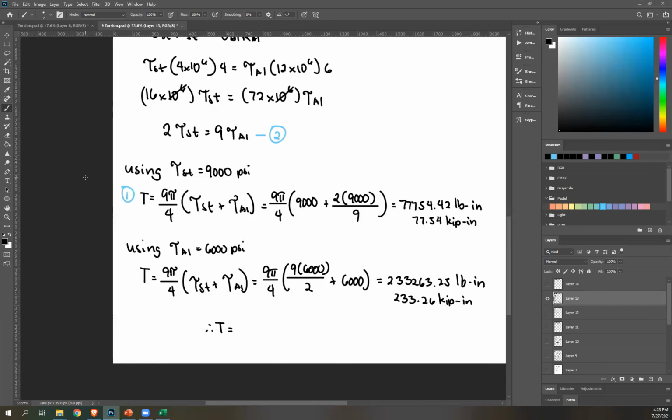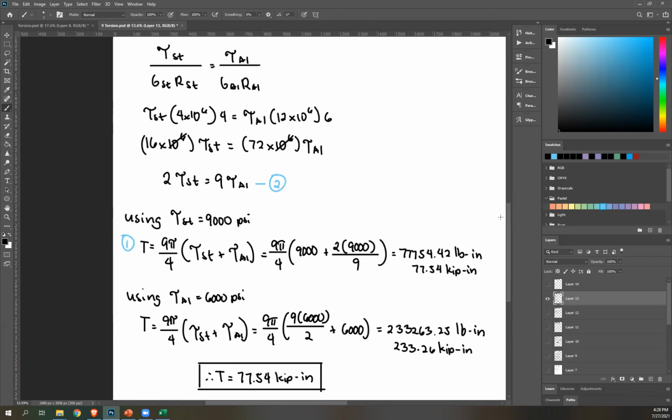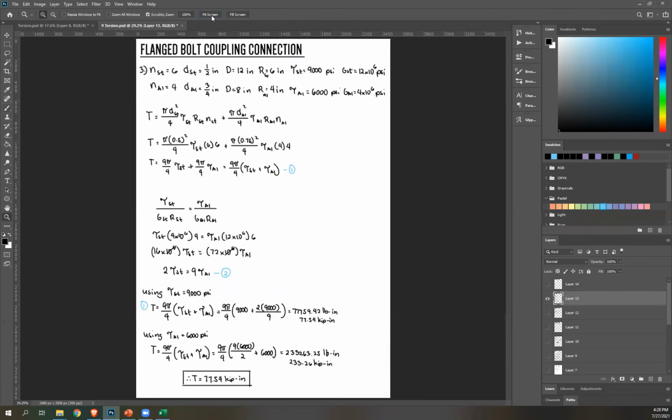Okay, the answer is 77.54 kip inch. Why? Because again, for force, you're choosing the smallest value. So that's 77. Because anything that exceeds 77 will cause failure in your steel bolts. Okay? So that's it for number 3. Any questions for number 3? Please answer in the chat.